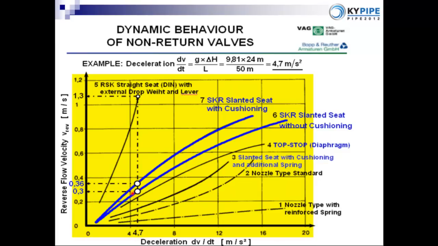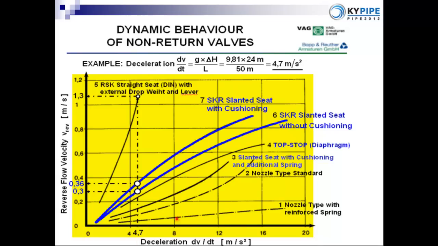If you compare those, for a deceleration of 4.7 meters per second squared, the inclined seat check valves give a reverse flow velocity of 0.3 meters per second versus 1.3 meters per second. With c by g as 100, times 0.3, that is 30 meters or 3 bars of pressure increase here, versus 13 bars, 130 meters of pressure increase for this particular check valve.